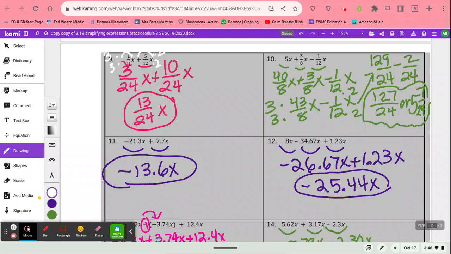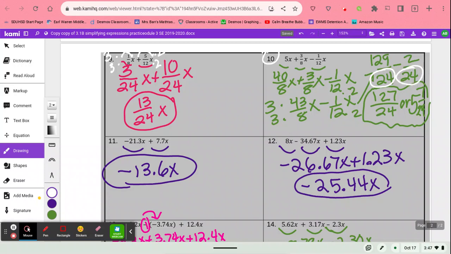Moving on to number 10 over here. Taking a look, we have all like terms. They're all x terms. I decided to go ahead and add 5x with 3/8 x first. And I changed 5x to 40/8. Then when I added those, I got 43/8 x, and I'm subtracting 1/12 of an x. The common denominator you'll see I have over here is 24.